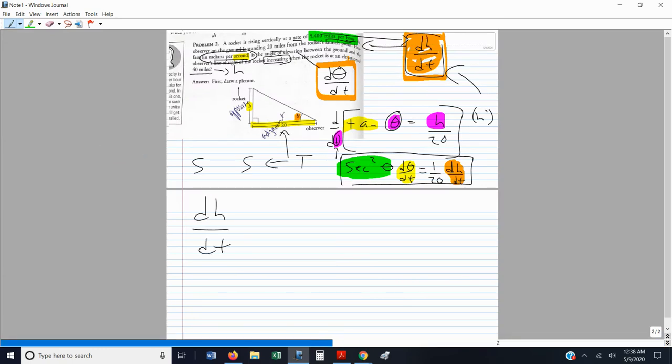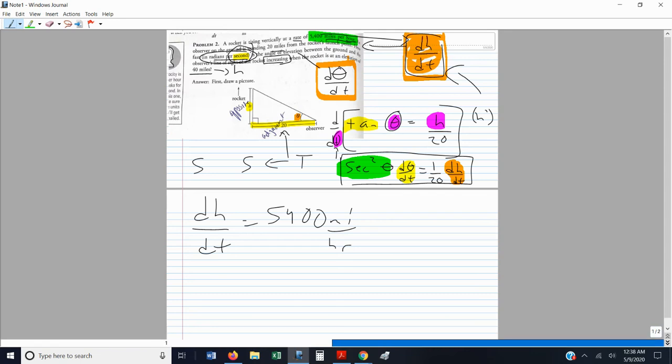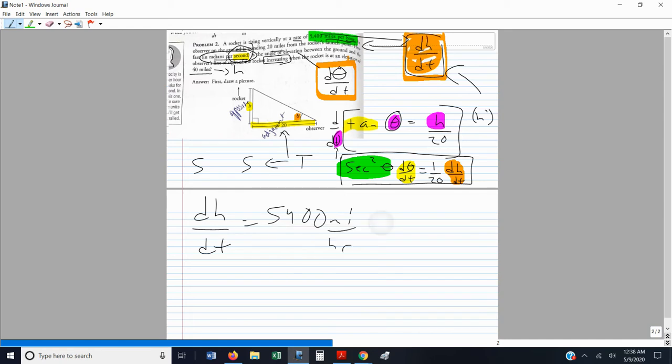DH/DT, how is the height changing, was 5,400 miles per hour. And because they want the time, they're asking us radians per second, so we're going to convert that to seconds. 1 hour is 60 minutes, and 1 minute is 60 seconds, so the hour cancels, the minute cancels.